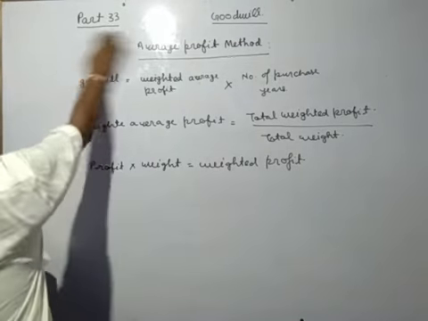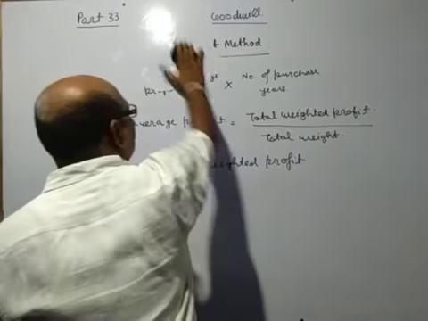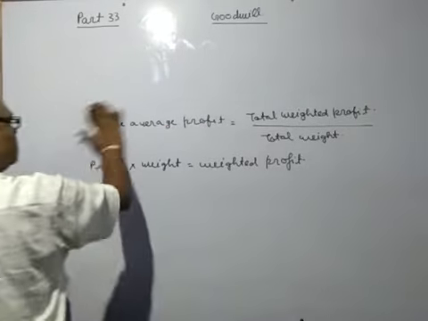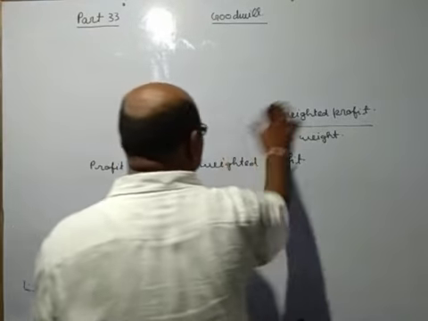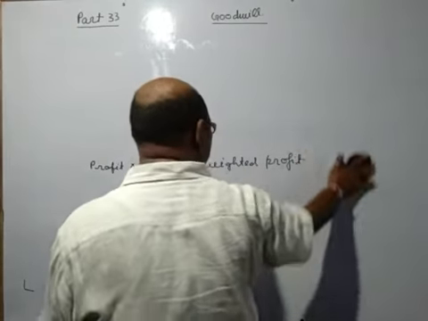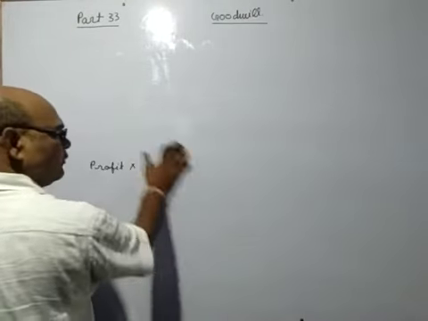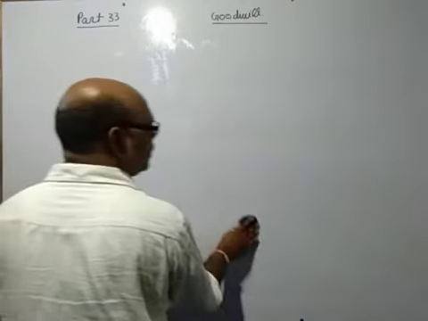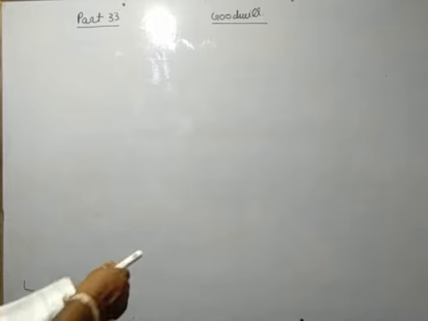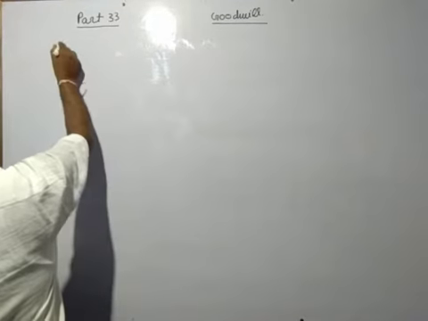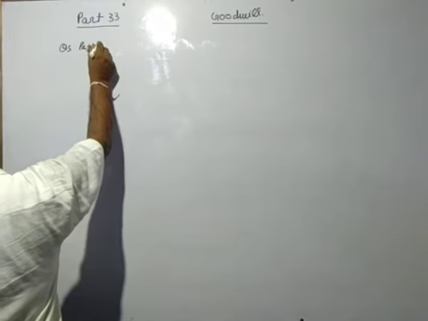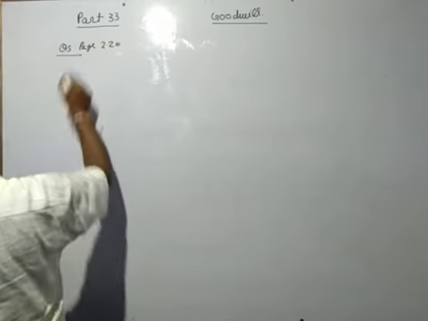First we will write one column for the year, one column for the profit, and one column for the weight. Then we will multiply profit into weight, that will give the weighted profit. So see question number 5, that is page number 2.20.